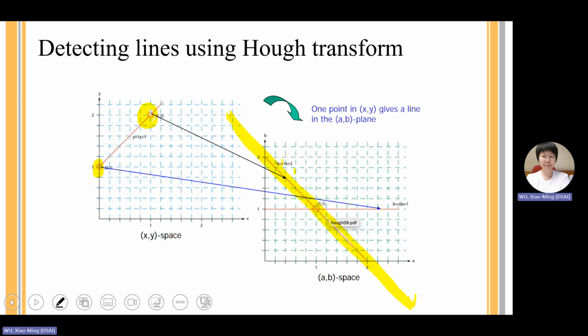Okay, this point corresponds to another line in the AB space. So for every pair of edge pixels from the edge map, we compute their intersections, and we increase the corresponding cell in the AB space.